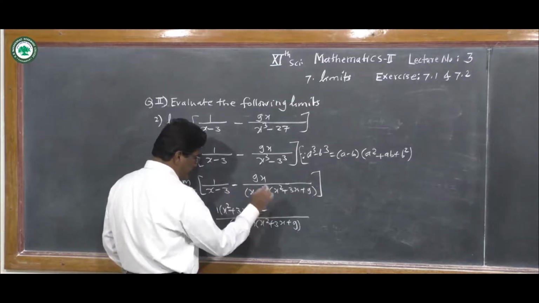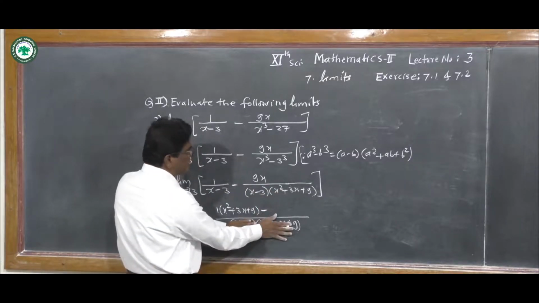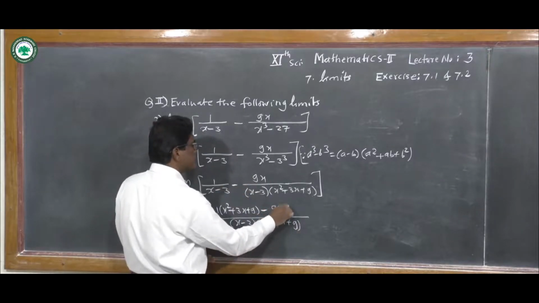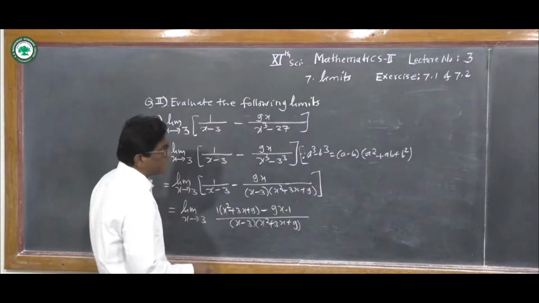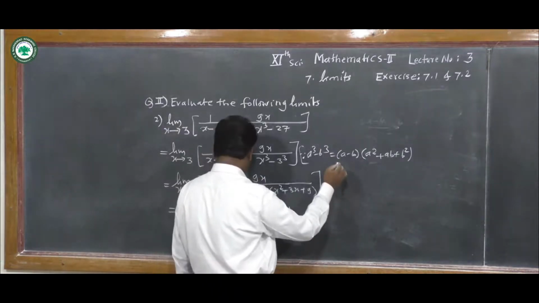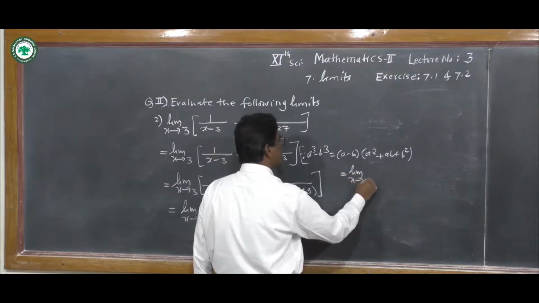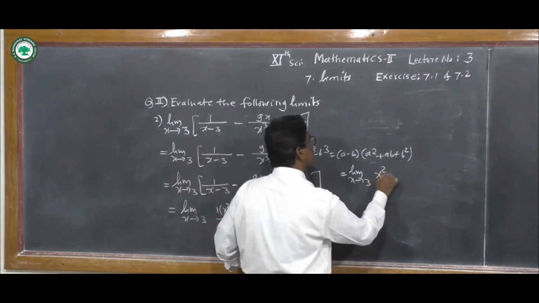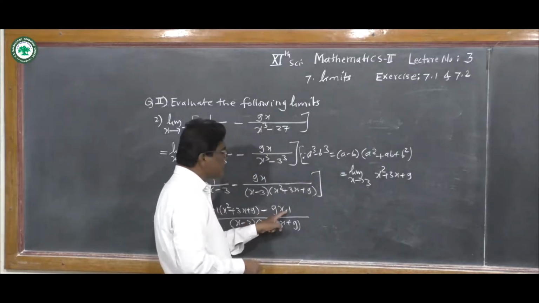Now here minus sign. Now this denominator and these are same, so here only remains 1. So multiply by 1 to 9x. So 9x into 1. So we get here, this is equal to limit as x tends to 3, 1 into this, that is x square plus 3x plus 9, and minus 9x into 1, minus 9x.